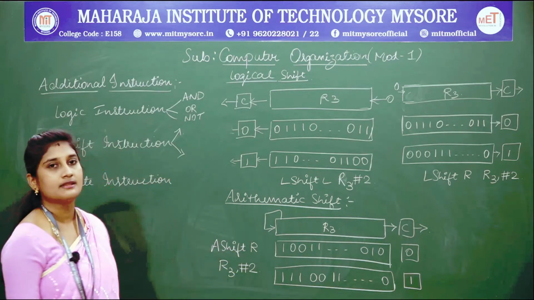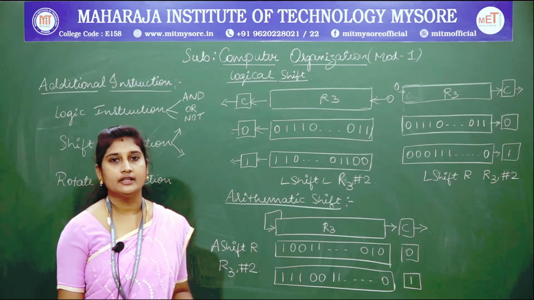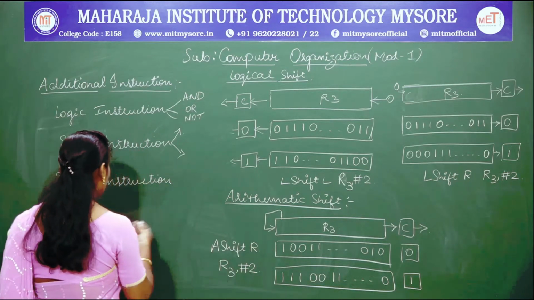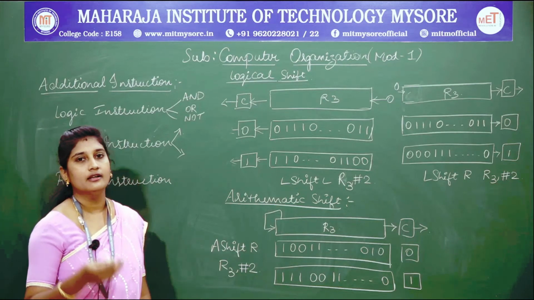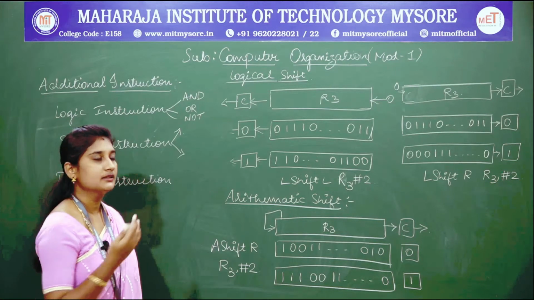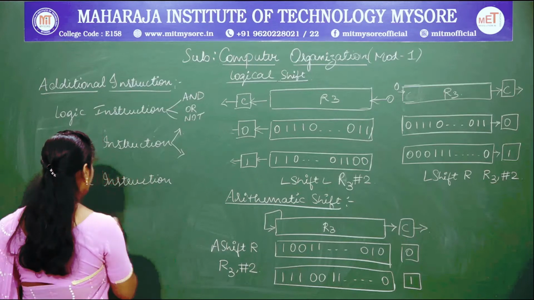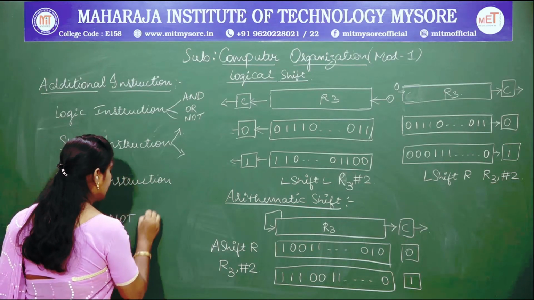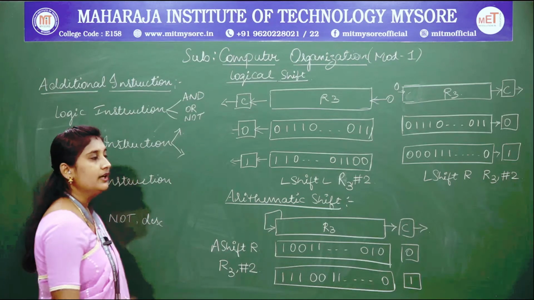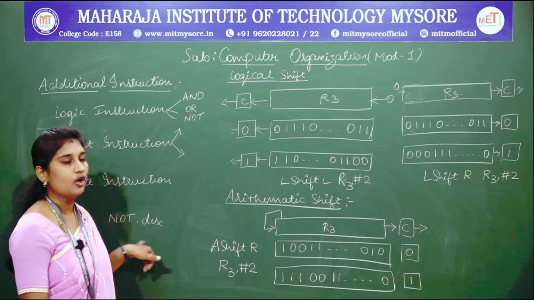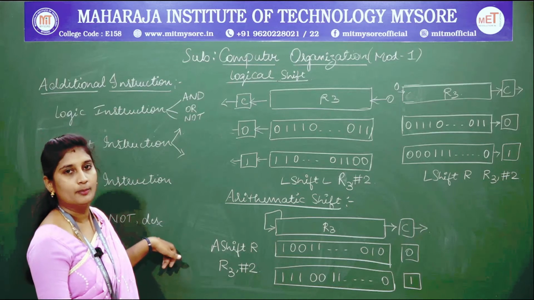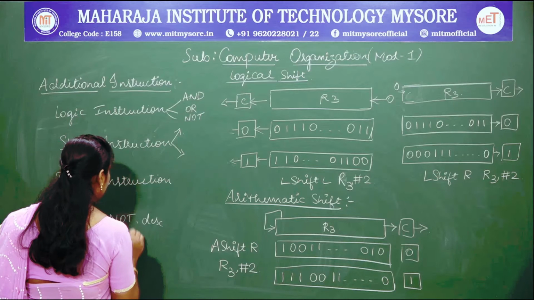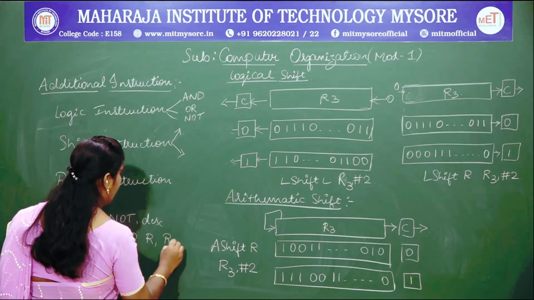So how can you write an instruction to carry out a logical operation? As you were writing before, add R1 comma R2, likewise you can write the logic operation. Suppose NOT destination. It is understood that you need to perform the NOT operation on a destination operand. Again you can also write AND R1 comma R2.